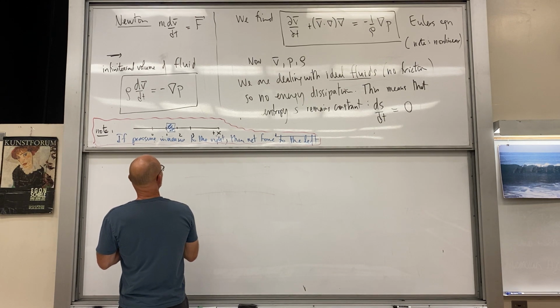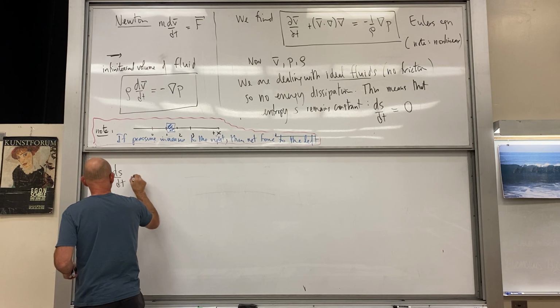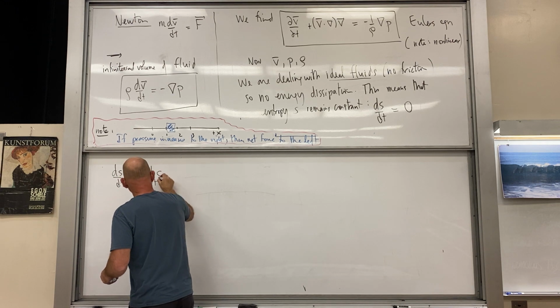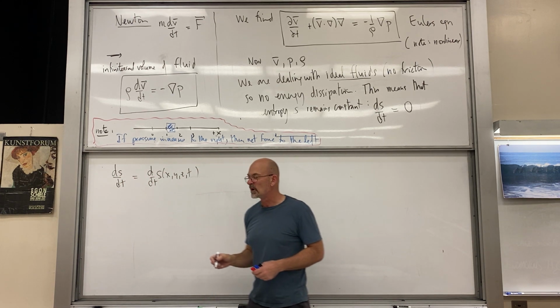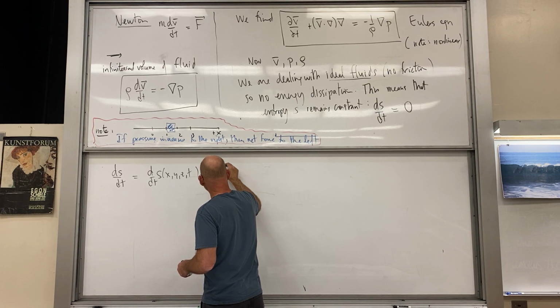So we have dS/dt equals d/dt of S of x, y, z, and t, as with all of these quantities.